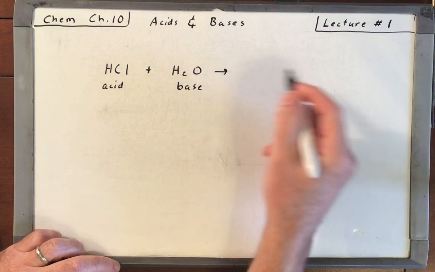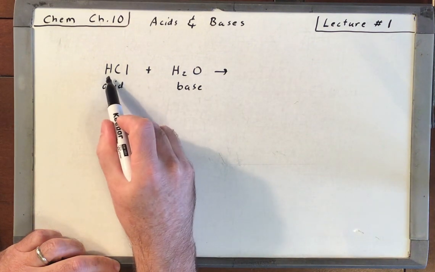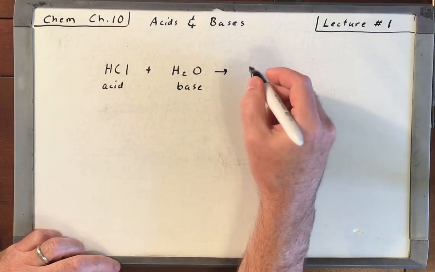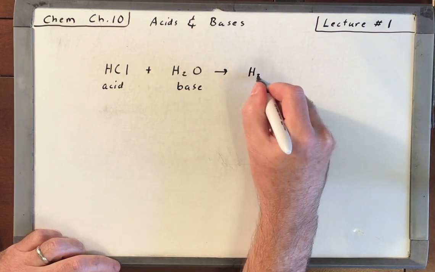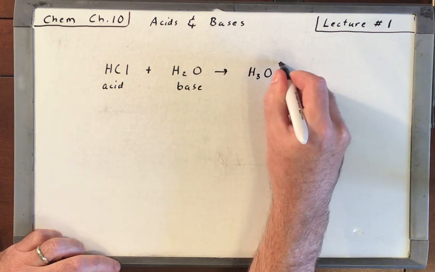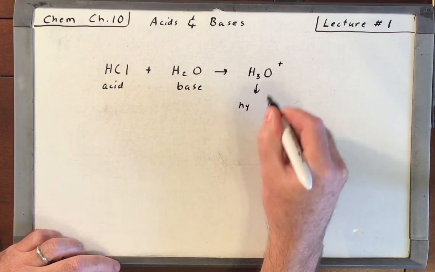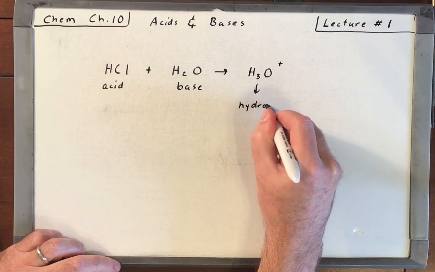The acid wants to give up its hydrogen, so it gives it to water as a base, and that makes water, H2O, turn into H3O plus. This is called hydronium, which is also a new polyatomic ion you're going to have to memorize.